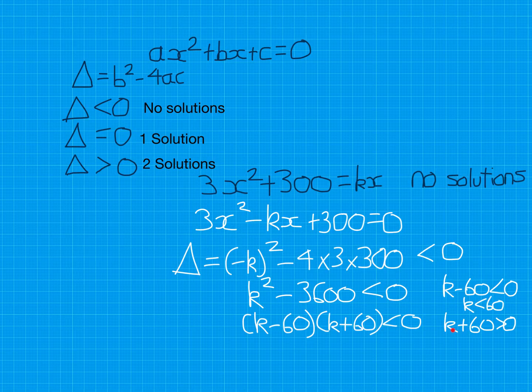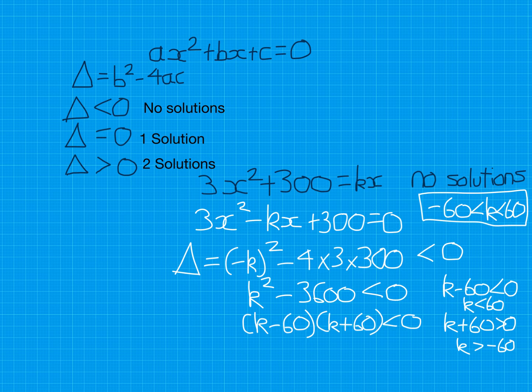And here, if k plus 60 is greater than 0, I can just subtract 60 from both sides. So here, k has to be less than 60, and it has to be greater than -60. So in other words, it has to be between but not including -60 and 60. These are the possible values of k if this equation is to have no solutions.